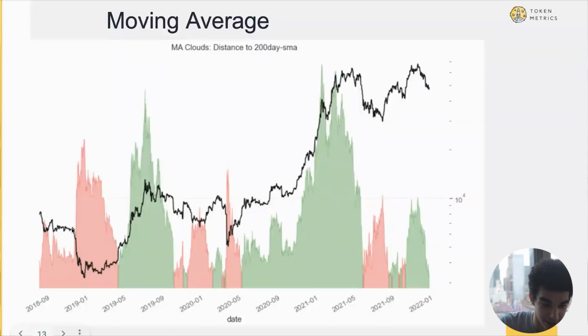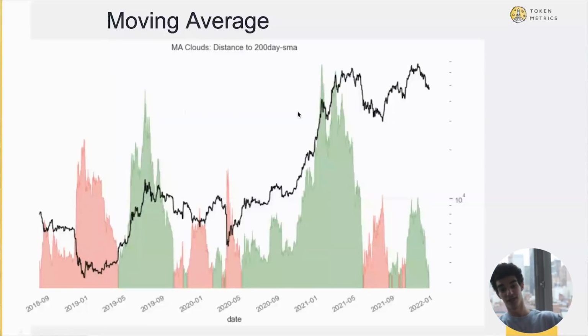And then the distance exploded up during this time, and then started going down, down, down, down until it flipped to a bullish signal. So this also helps you identify where we are in terms of trend momentum for a specific coin. This is Bitcoin right here.